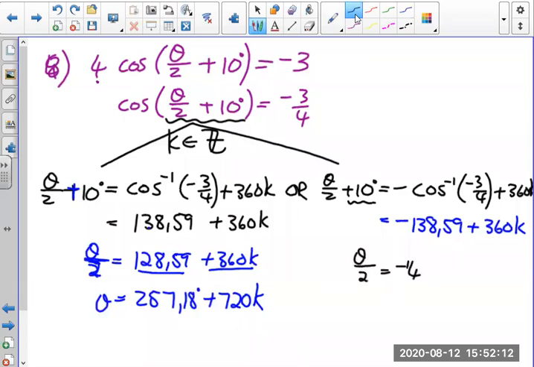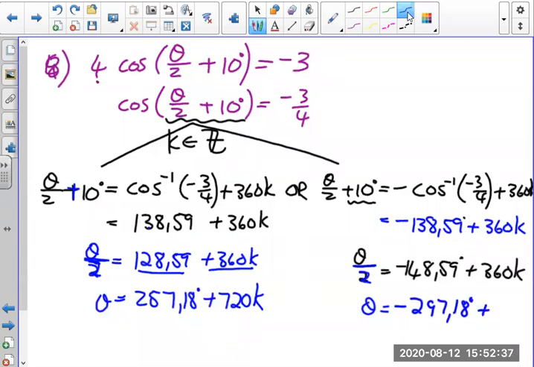Now I get minus 148,59 plus 360k. To get rid of the divide by 2, I multiply the 2 away again, and I get minus 297,18. And remember to times the 360 by 2 as well, 720k.